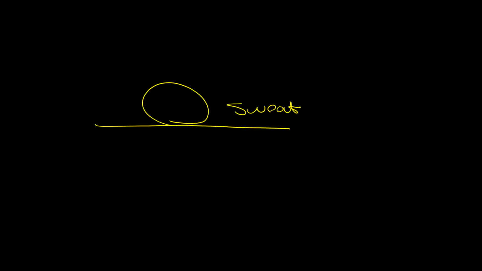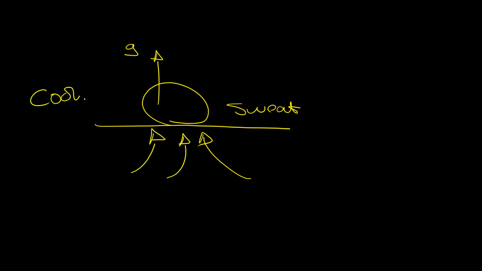This sweat will evaporate eventually. It will change from the liquid state to a gas state. In order to change from liquid to gas, it will need to absorb lots of heat from your body to do that because this heat will be needed to break the hydrogen bonds in the water. So as it evaporates, it will absorb a lot of heat from your body, cooling you down. So it is a good cooling agent.